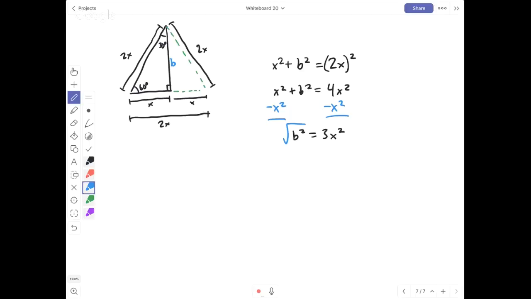And when I square root, I find that b equals, well, let's write it out very clearly, the square root of x squared times the square root of 3.